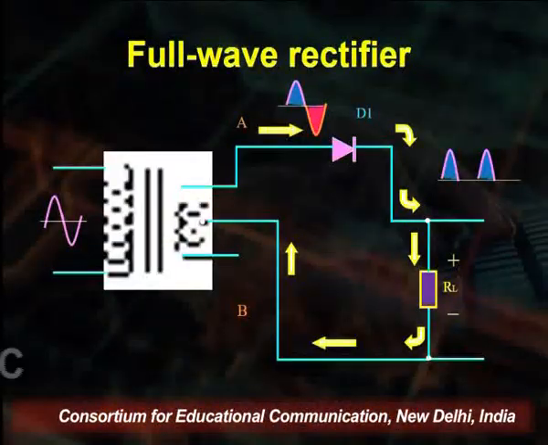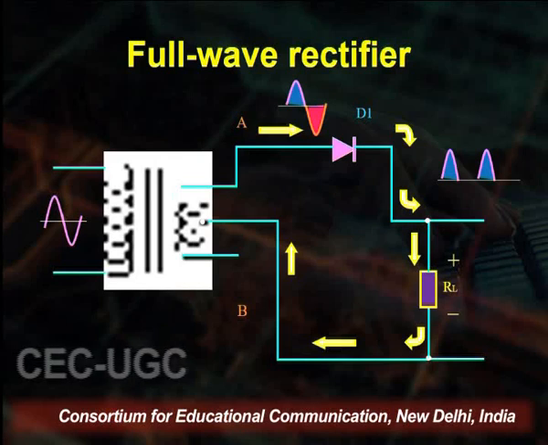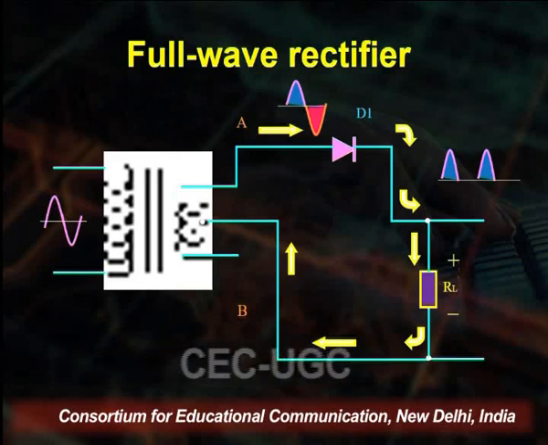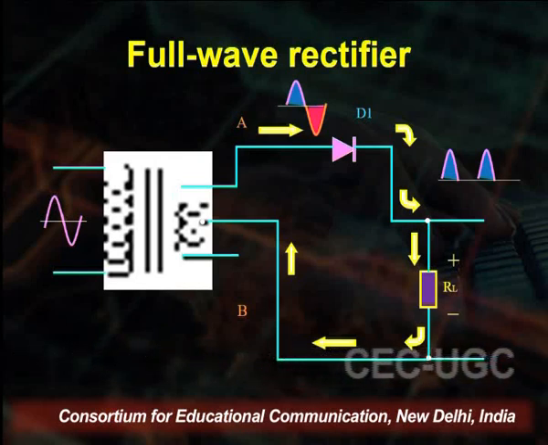Now you see on the screen this full wave rectifier, which gives the upper half cycle output. During the first half, the top end A gets the positive half while the bottom end B gets the negative half. D1 gets forward biased and D2 will be reverse biased, meaning one diode is in forward biasing and the other diode is in reverse biasing.